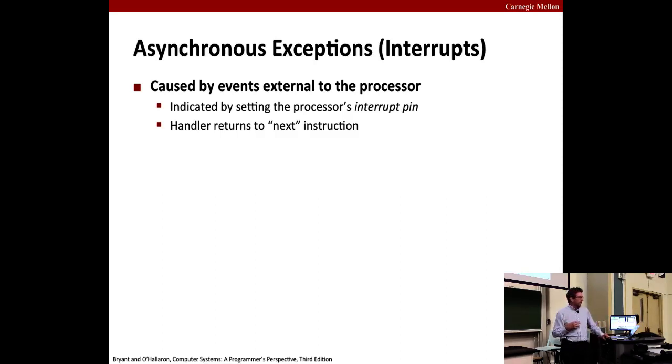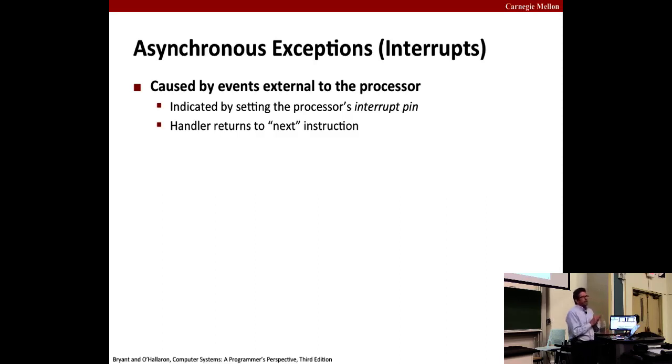Asynchronous exceptions happen as a result of changes in state that occur outside of the processor. These are called interrupts, and the processor is notified about those changes in state by setting a pin on the processor, an external pin called the interrupt pin.